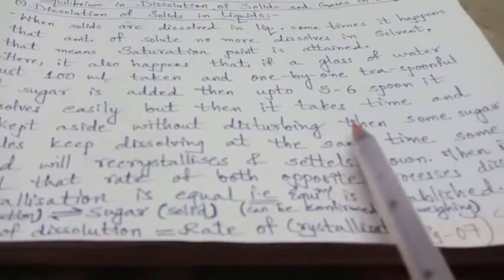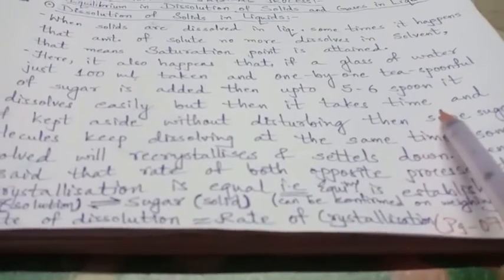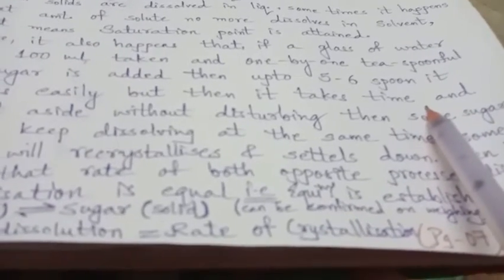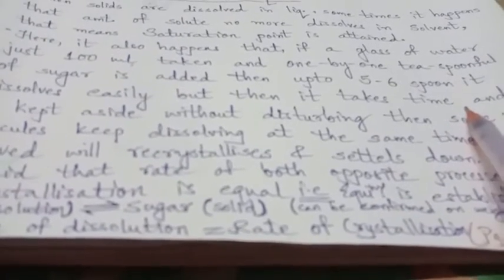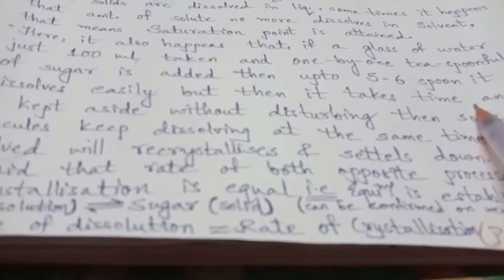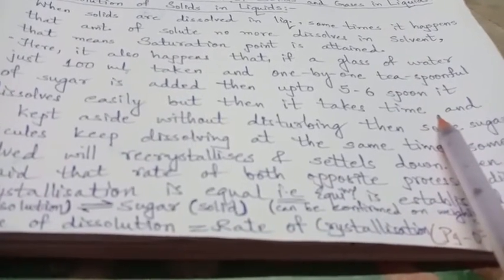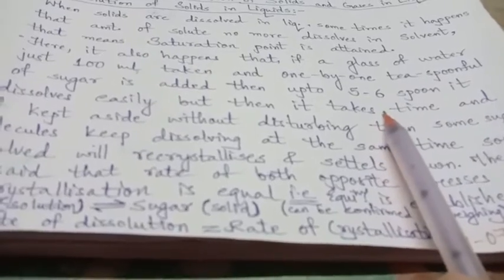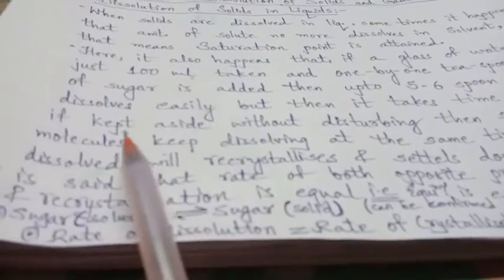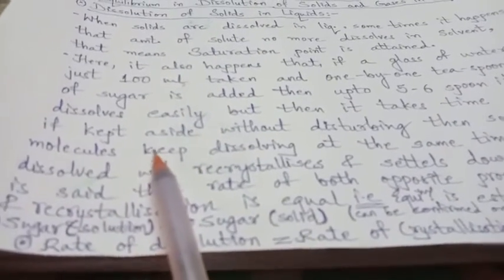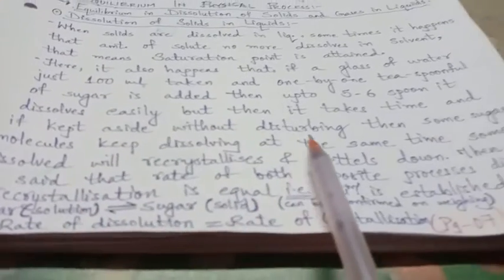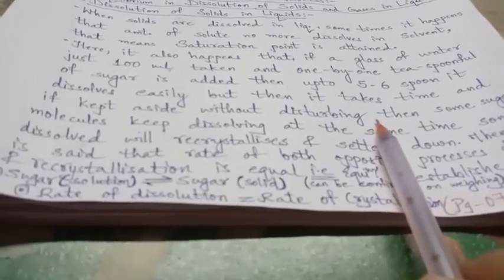But then it takes time to dissolve if we keep adding more sugar, because 100 ml water will have that much amount of molecule space in it. And whatever the space is in it, that much amount of sugar has already dissolved. So now whatever you add will not easily dissolve, but will take time.